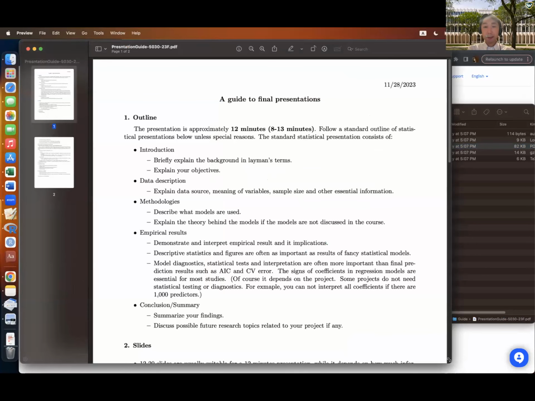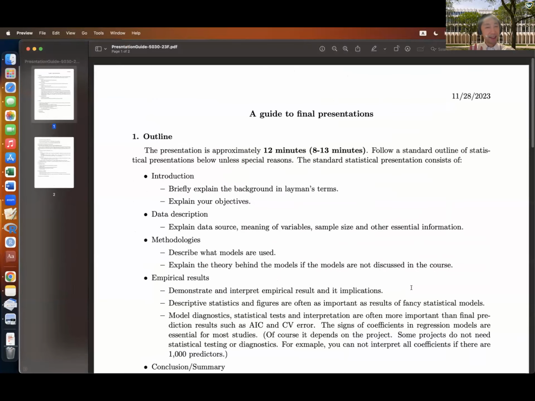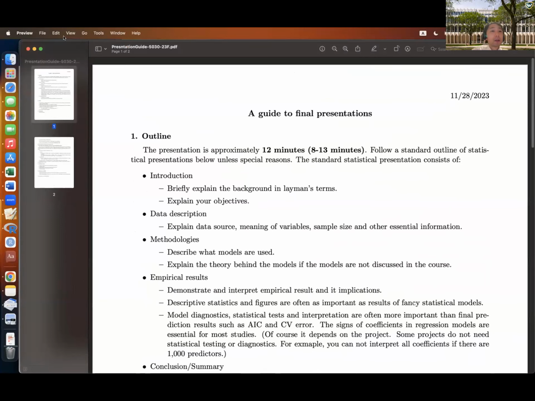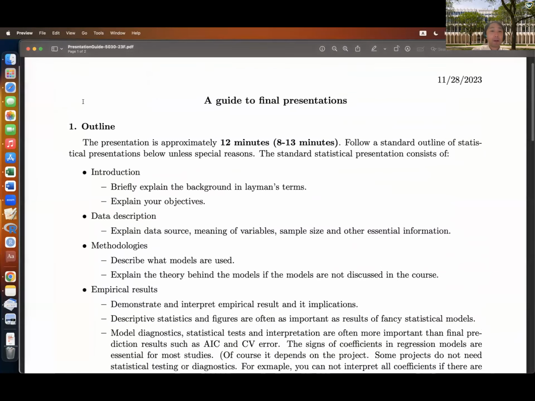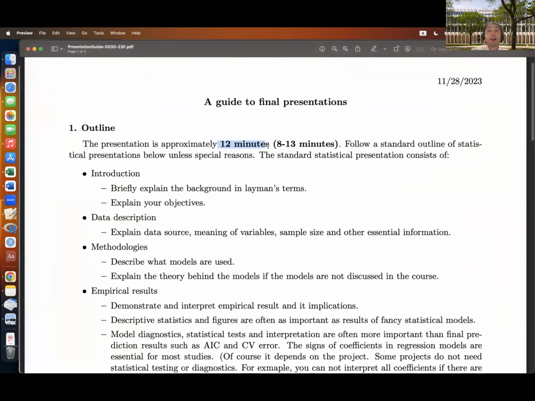I uploaded the final presentation guideline here. First, the presentation is approximately 12 minutes. I would say 8 to 10 minutes. If it is 7 minutes, that's fine, but this is the suggested time.